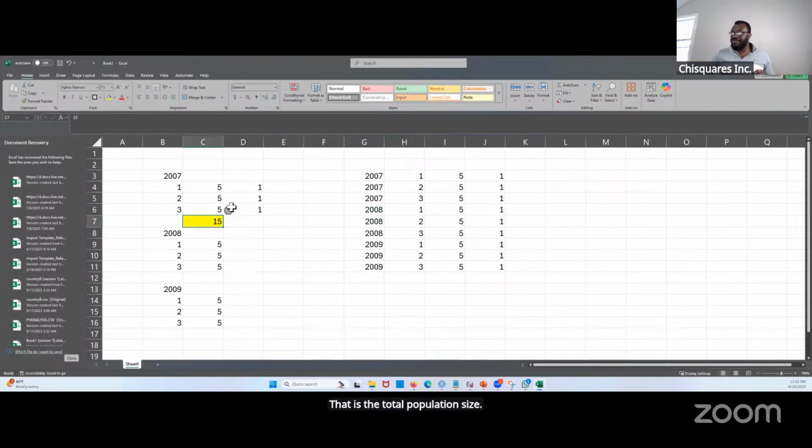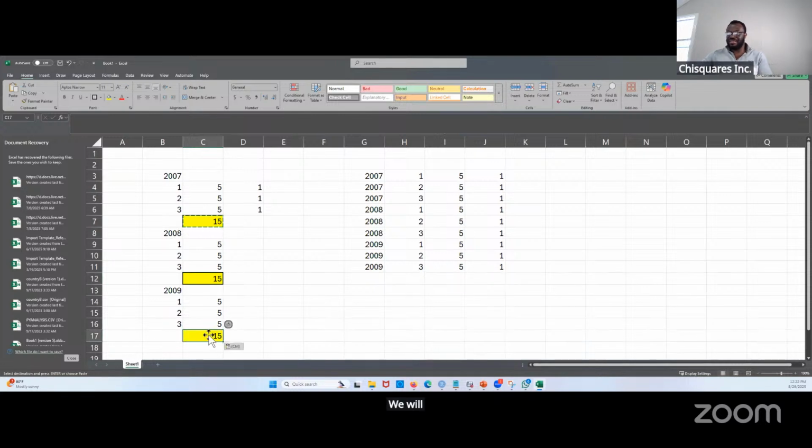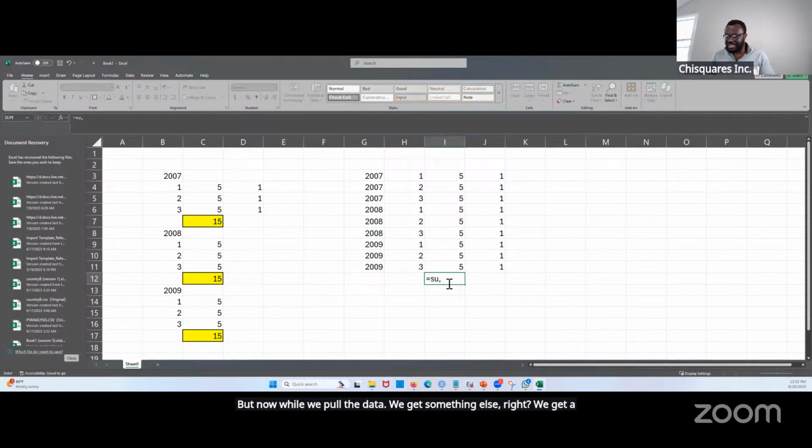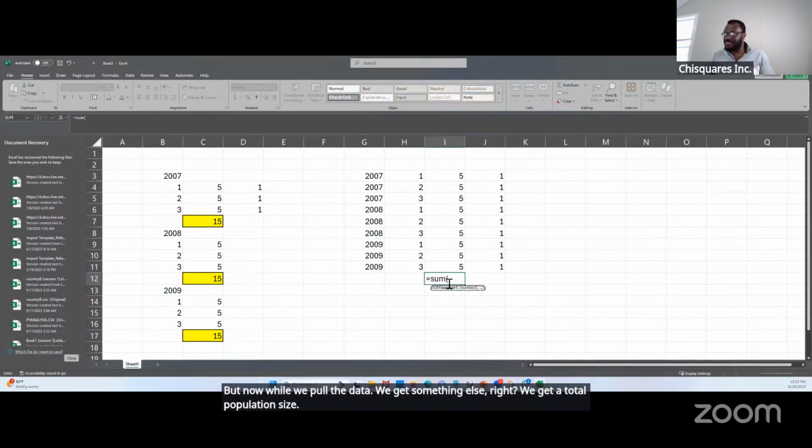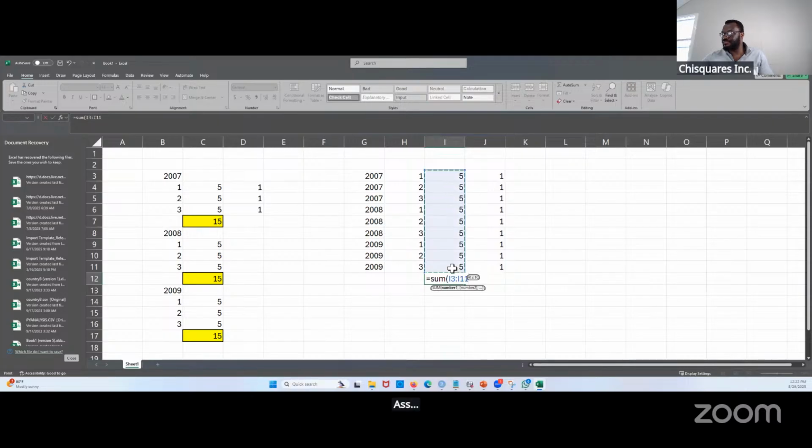But now, when you pool your data together, and remember, if we analyze the data in each year separately, we will have gotten this population size more or less the same, 15, 15, 15. But now when we pool the data, we get something else, right? We get a total population size of this. And then you say, oh, the population of America is 45.